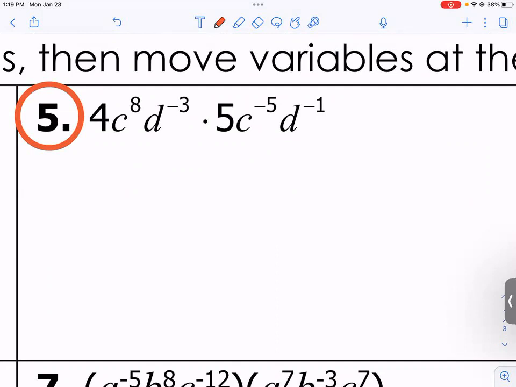Okay, this problem number 5. Where are my tubes? Right there with Andrew. 4 is right there.